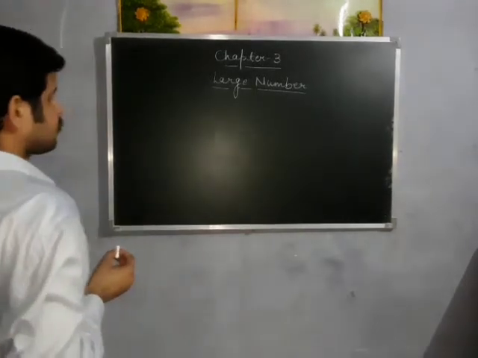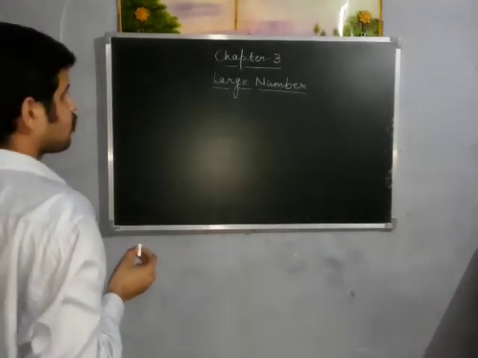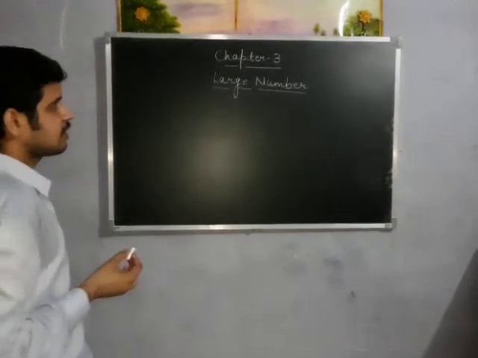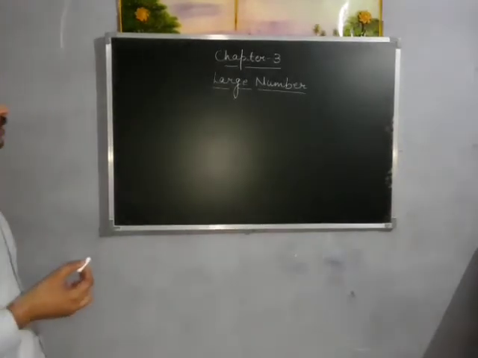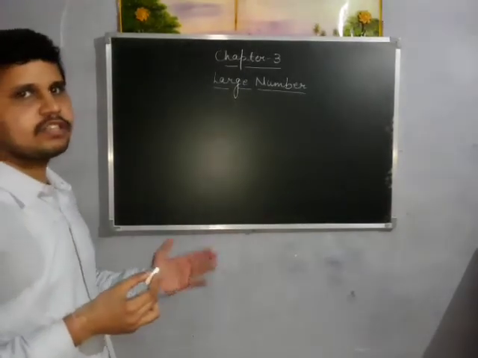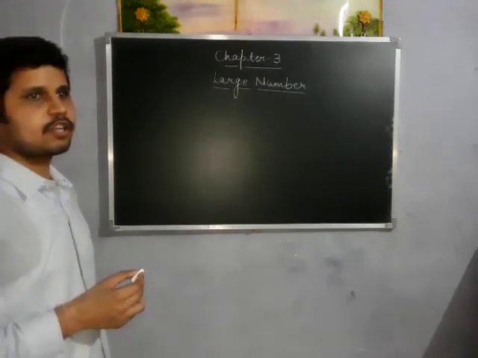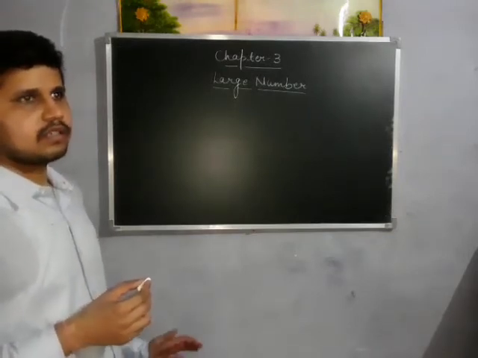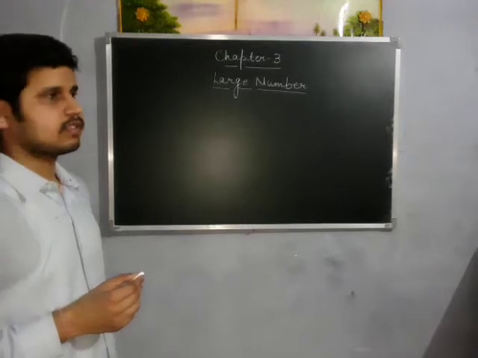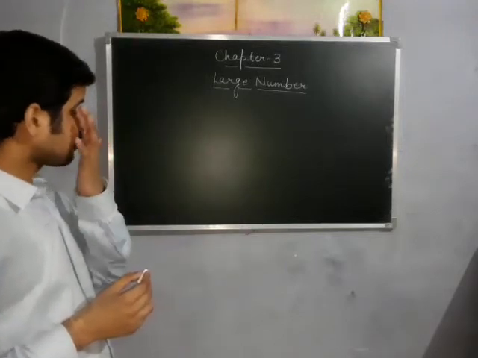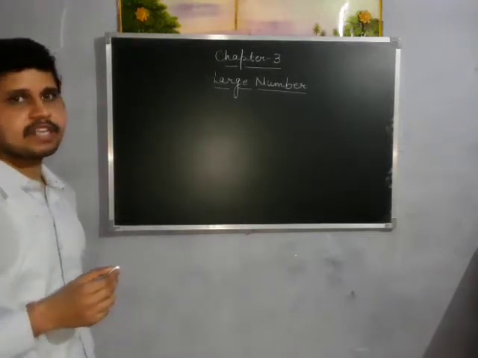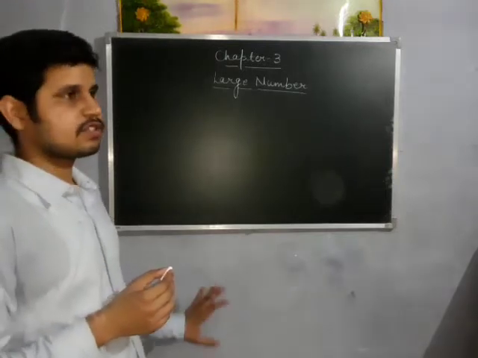Number name will be the new topic in this video, but revision of the last video is also required by you to understand all the things. So please understand once again, I am discussing place value and expanded form in this video also.